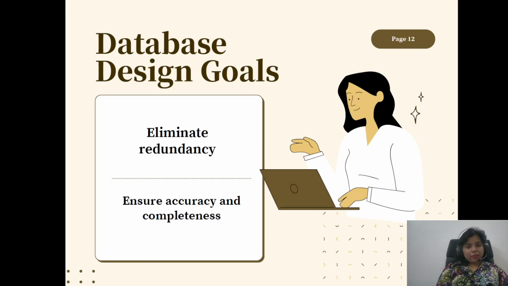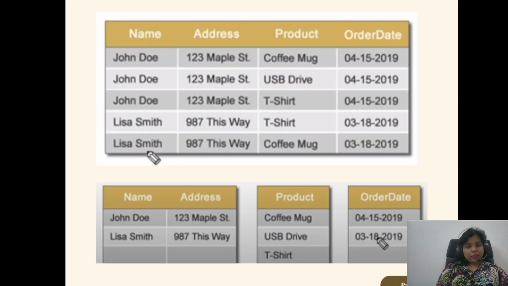The first goal is to eliminate redundancy. Your table should not have any redundant values, because redundant values will always pose difficulties at a later point of time. The second goal is that we always expect the database to be accurate, and we need to ensure its completeness. Let's see this with an example.